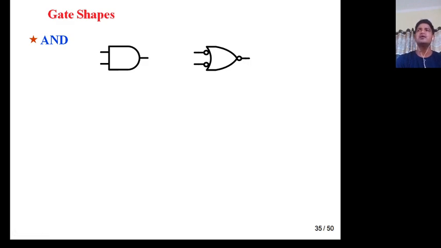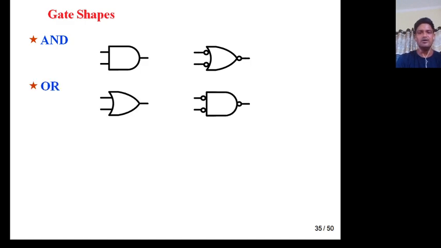You know (A bar plus B bar) whole bar equal to A dot B. Similarly, these two symbols you have to remember. Alternate symbol of this is this, and alternate symbol of this is this. So while implementing by using NAND or NOR implementation, you always have to remember these two alternate symbols.